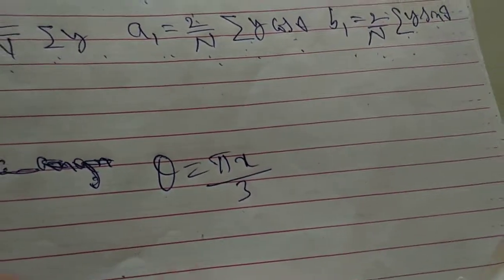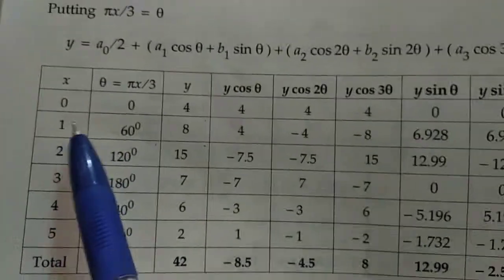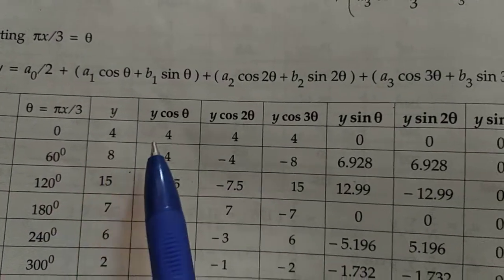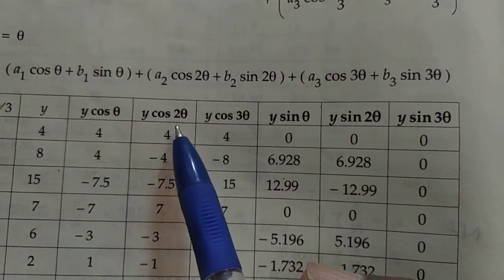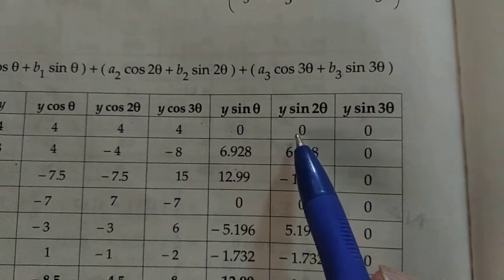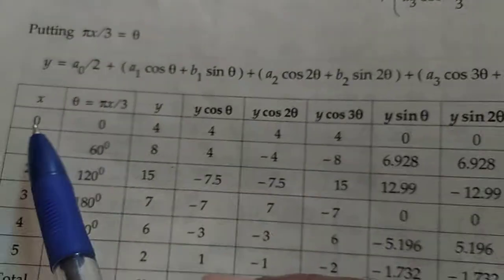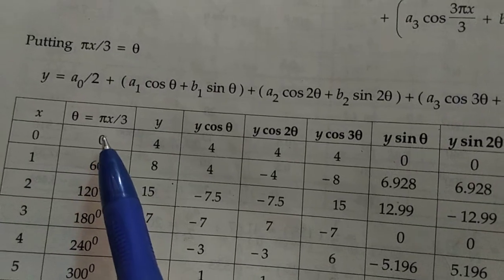So now you have to write the table. How to write the table: you have to write x, theta, which is equal to pi x by 3, and you have to write y and y cos theta. Up to the third harmonic series, y cos 2 theta, y cos 3 theta, y sin theta, y sin 2 theta and y sin 3 theta. So x is given as 0, 1, 2, 3, 4, 5 and theta is equal to pi x by 3.